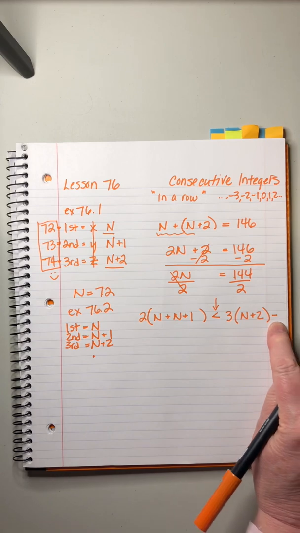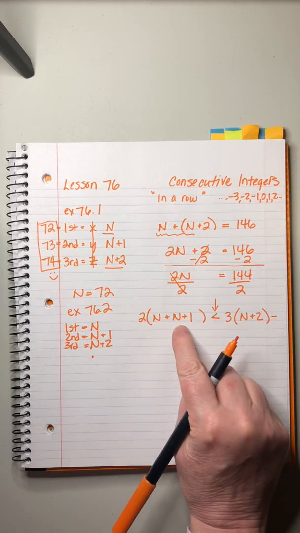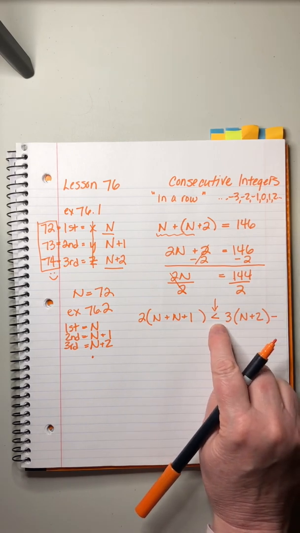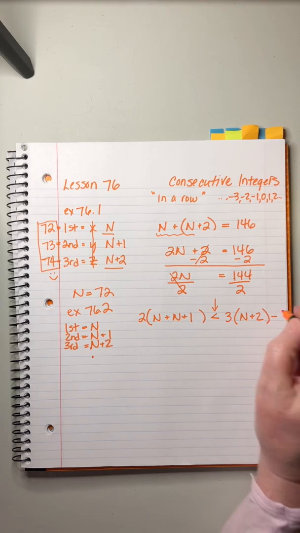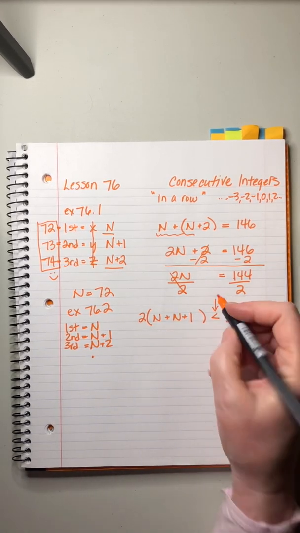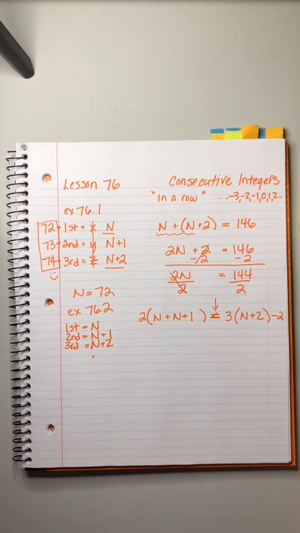Now I go back to the problem and find it. Twice the sum of the first 2 is 2 less than 3 times the third. So the number I need to subtract is 2. Once I add that part, I can change this to an equal sign, and I don't have to rewrite the whole problem. Do you see what I'm saying? So much easier.